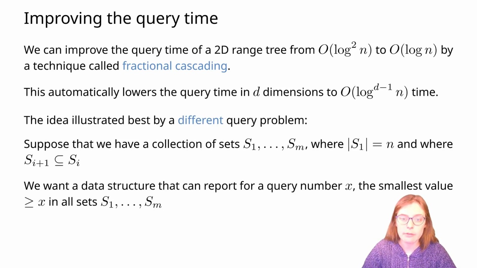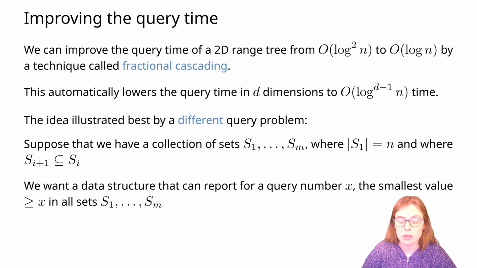Consider a little bit different problem for now that will help us illustrate the idea behind fractional cascading. Let us have a collection of sets S1 to Sm. The first set S1 has n values, and each next set is a subset of the previous.